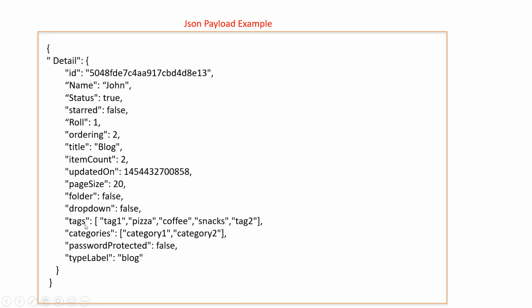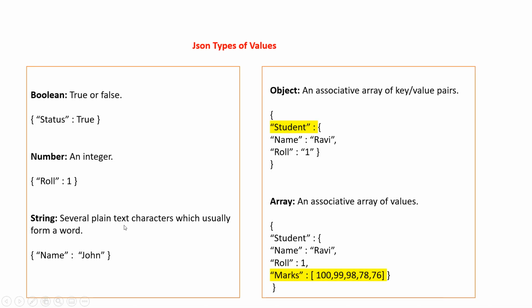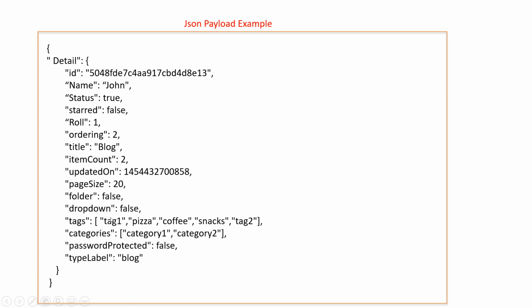Then you can see tags is an array which contains multiple string values. Previously we saw an array containing integer values; now it contains string values.